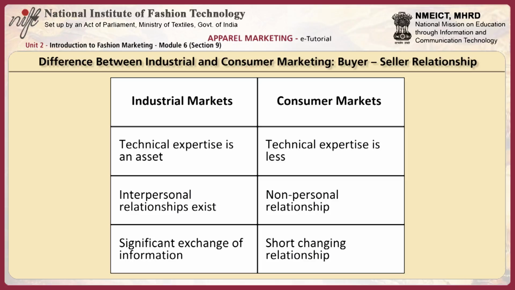In terms of information, significant information exchange takes place. And normally a textile or garment company will explain in detail the specifications of fabric or garment machinery. A stable and long-term relationship encourages loyalty. Hence, there is a lot of buyer-seller relationship in industrial marketing.